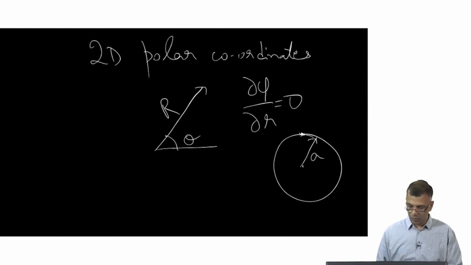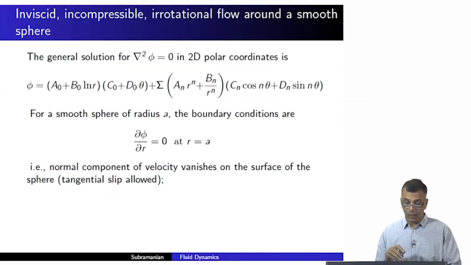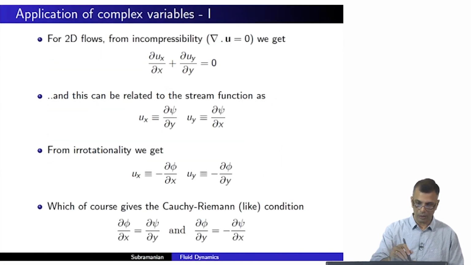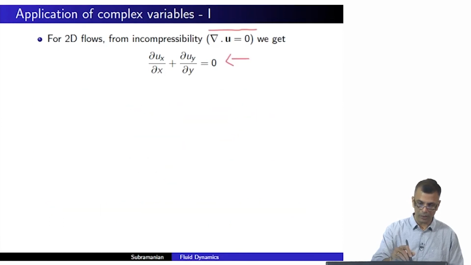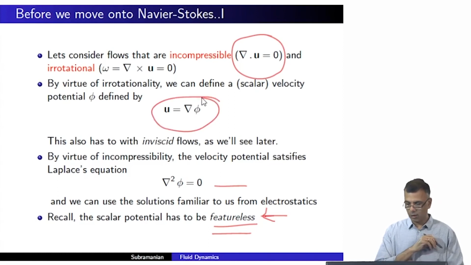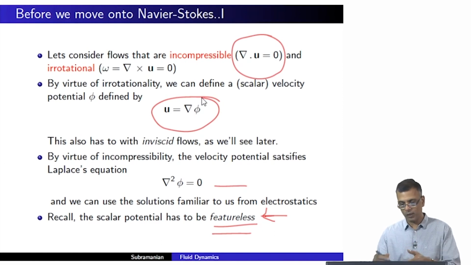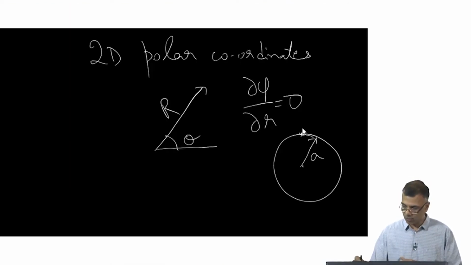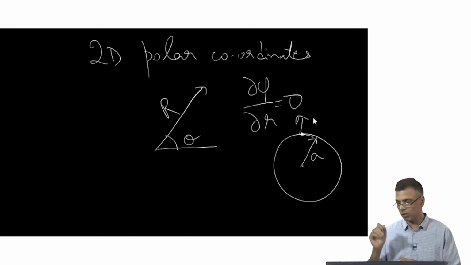What does this mean? In other words, you remember from the definition of phi, and we might have to go back a little ways, this is how phi was defined: u is the gradient of phi. So if d over dr of phi is equal to 0, that means you're talking about the normal component of the velocity.